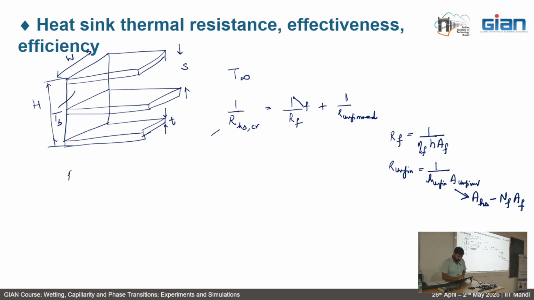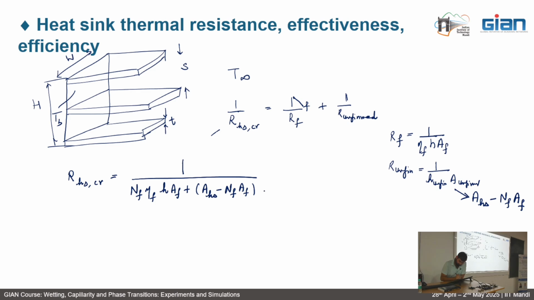So we can write R heat sink in terms of convection and radiation is equal to one over number of fins into efficiency of each fin into H into AF, plus the area of the unfinned region, which is given as area of heat sink minus number of fins into area of fin, multiplied by H, which is same for both the cases, right?